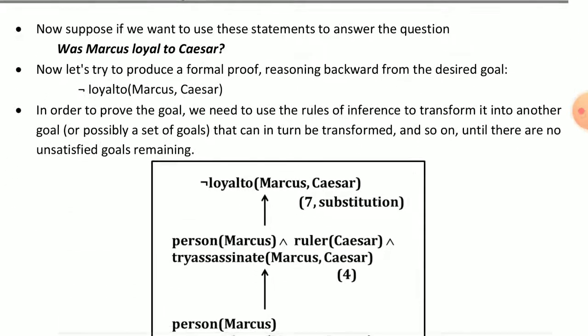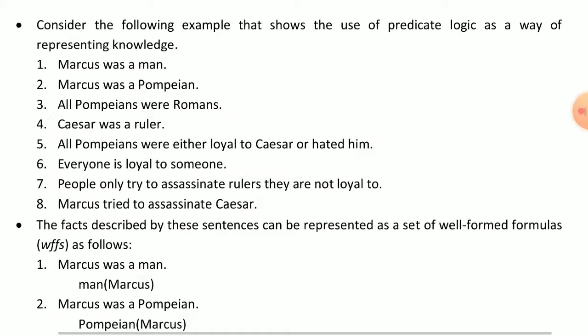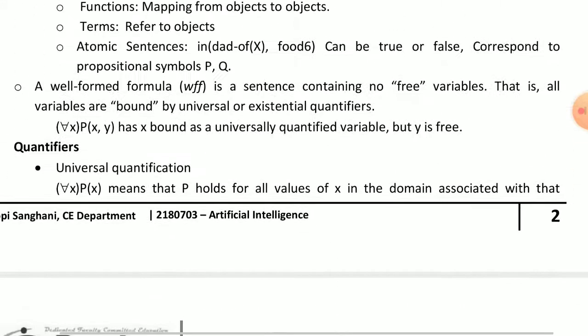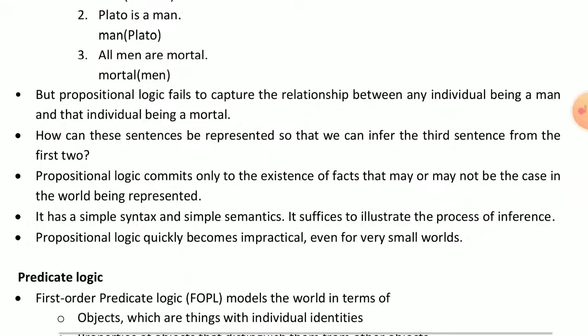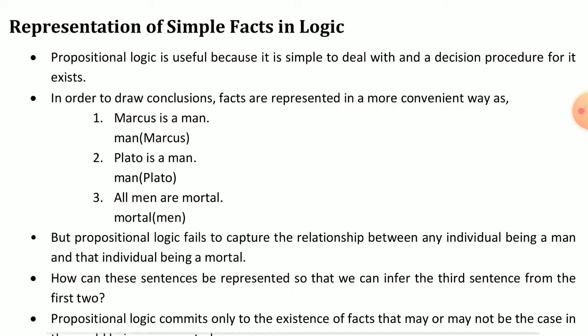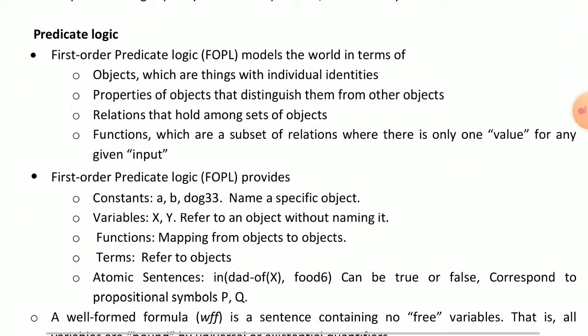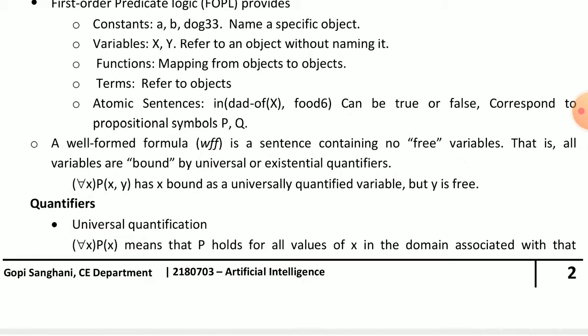Now the next explanation I will explain in the next video lecture. Today I will explain two subtopics in representation of simple facts in logic. First we took three different sentences and then predicate logic, and second is quantifiers.